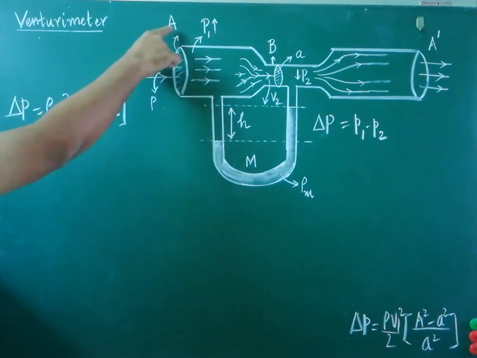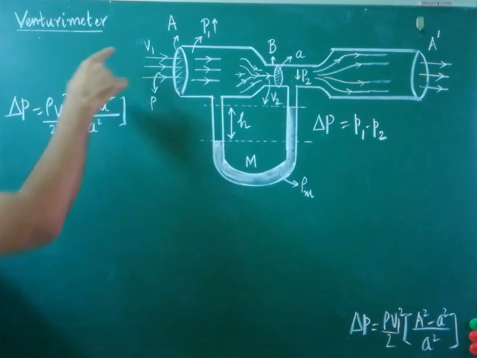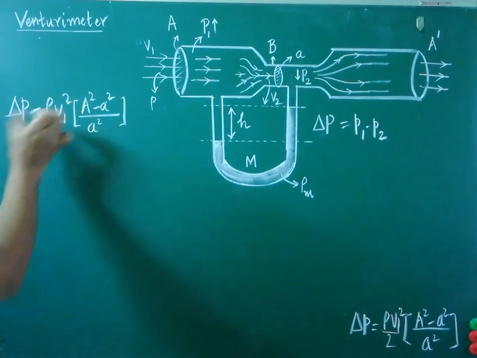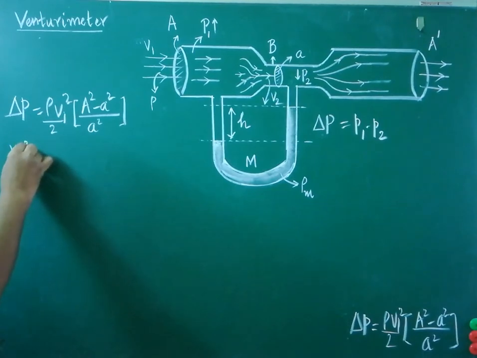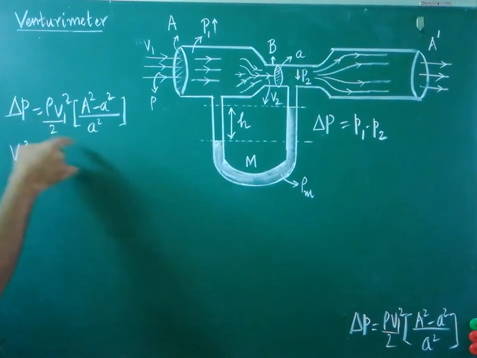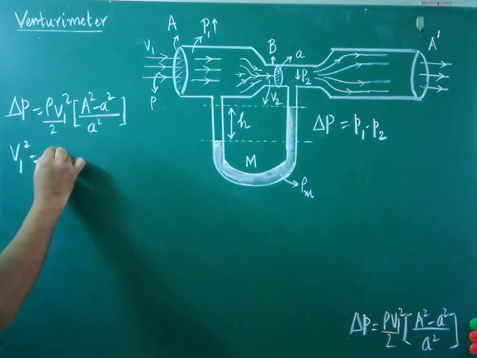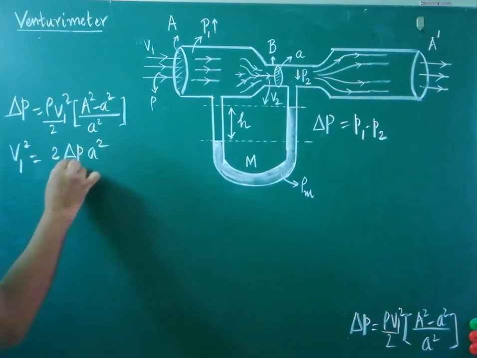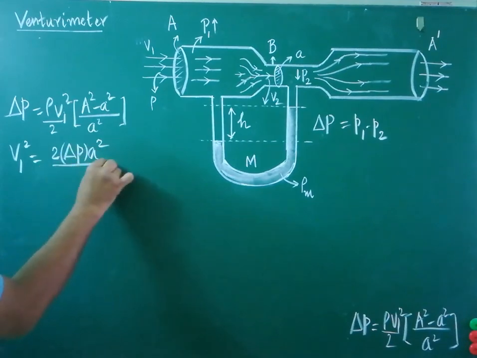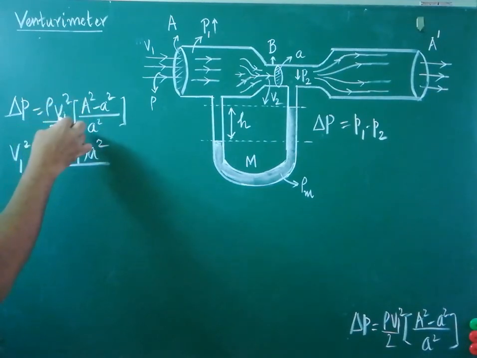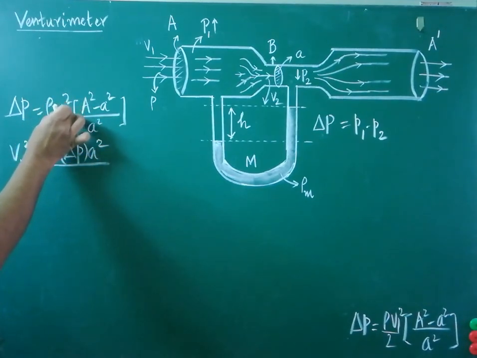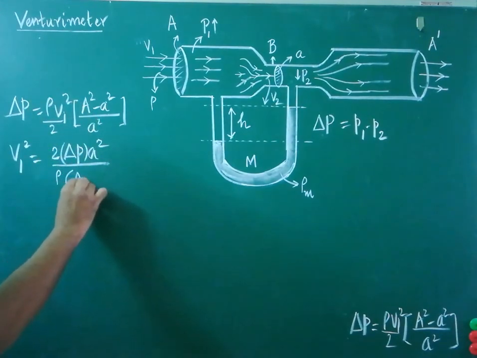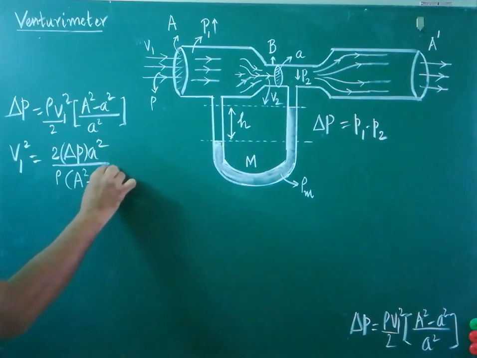In the entering end, if it is moving with certain velocity, its velocity V1 can be calculated. Keep V1 square in one side, and you have to cross multiply the rest of the factors. What are the factors? 2 del P A square divided by, bring all the factors down. Are you clear? V1 square should be kept in one side. Remaining factors are rho and A square minus small a square.